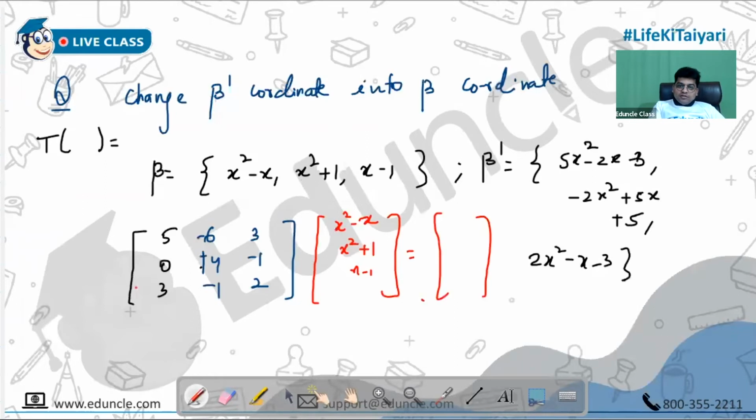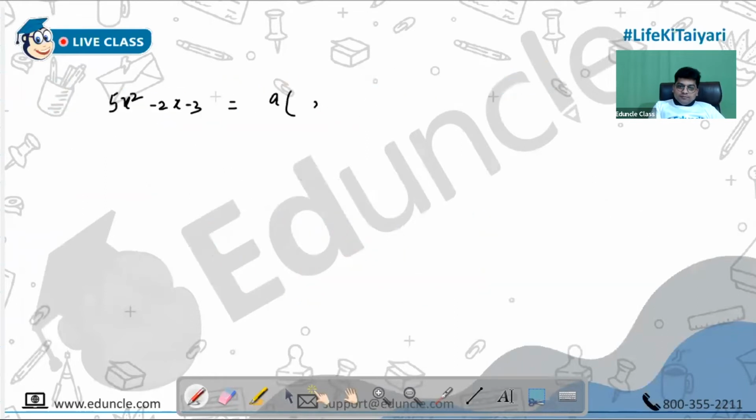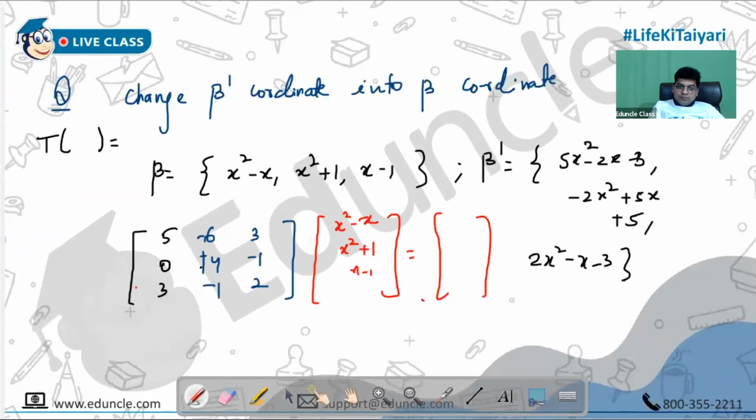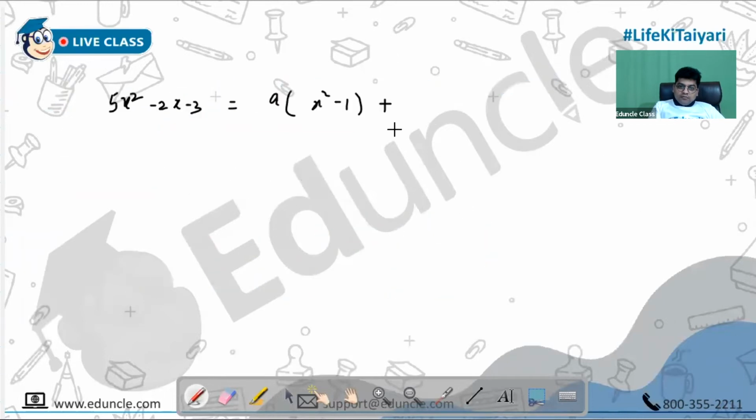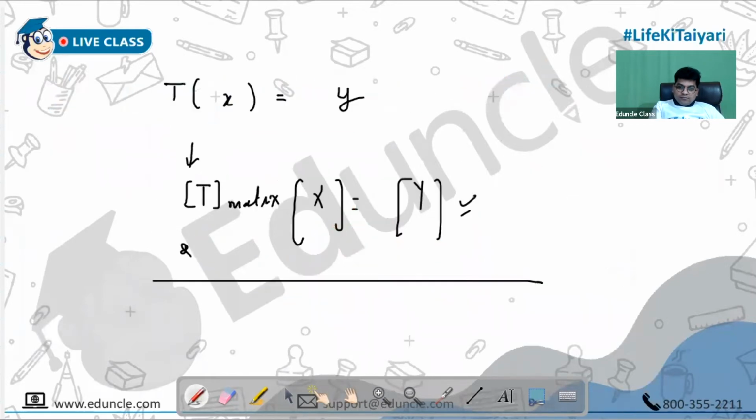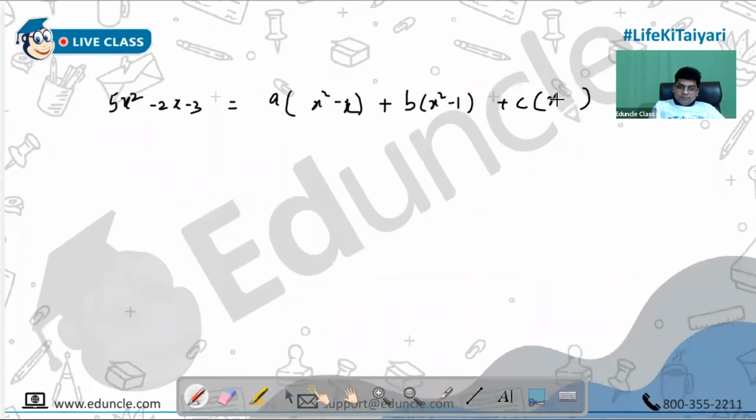X square minus x. Find ABC, then further find ABC, then further find ABC, and you will find out the matrix. Am I clear?